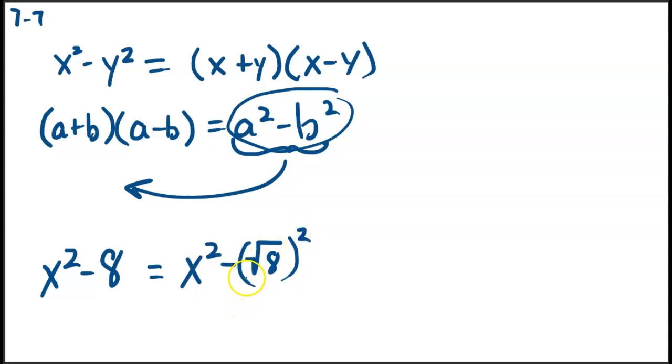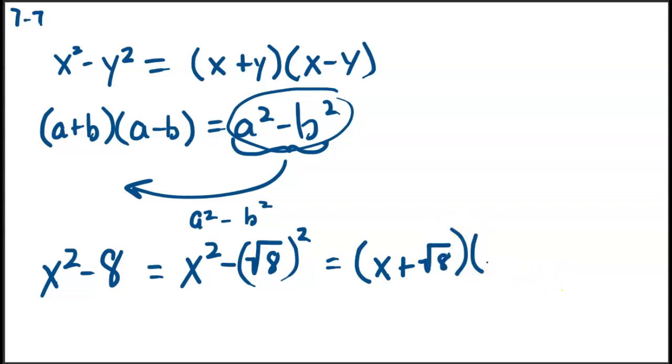So here I'm using a radical so that I'm able to factor this otherwise irreducible polynomial, right? And this is true. The square root of 8 squared is 8, so we're true. But this is now the form a squared minus b squared, right? And so that equals what? A, or in this case x, plus b, the square root of 8, times a, in this case x, minus b, the square root of 8.